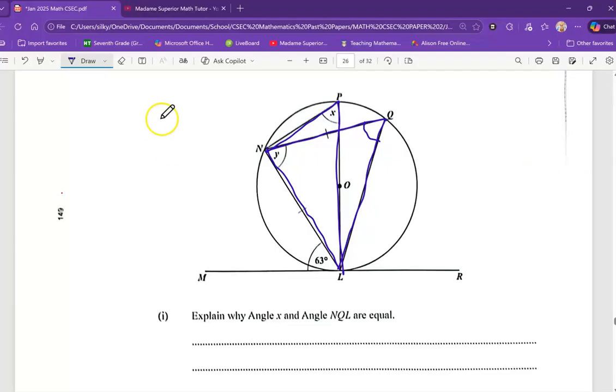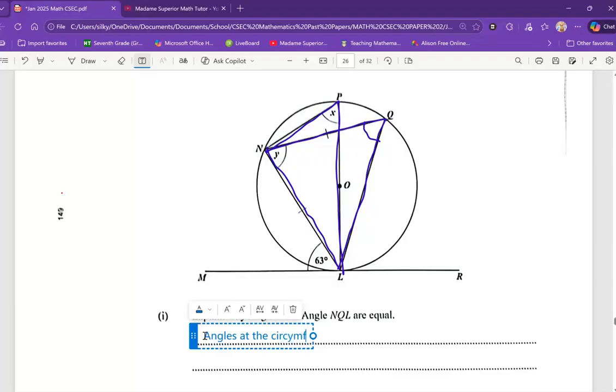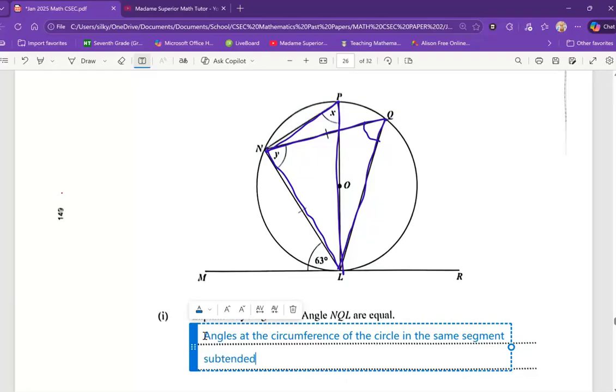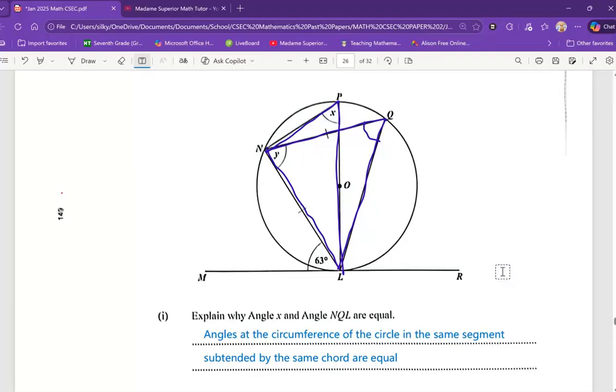So that is a particular circle theorem which says that angles at the circumference of the circle in the same segment subtended by the same chord are equal. Okay, so that's the reason why angle X and angle NQL are equal.